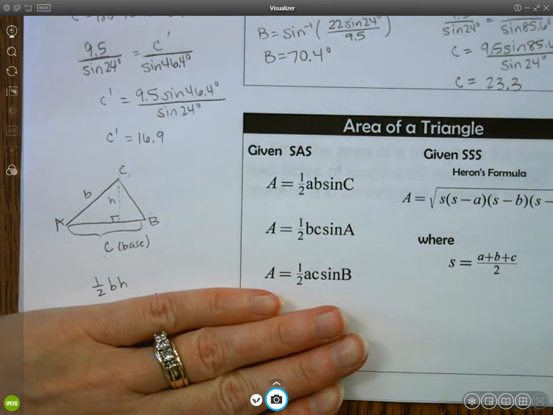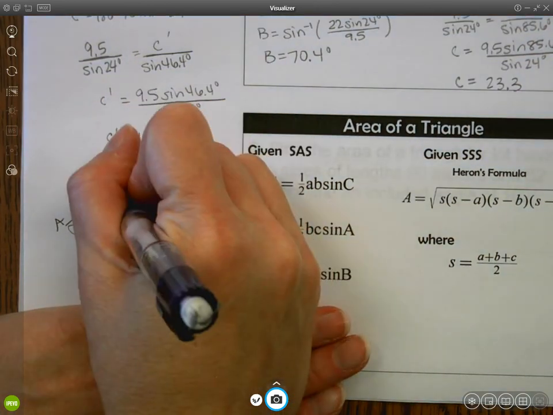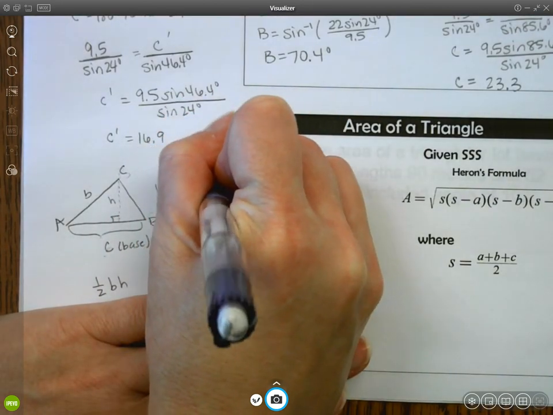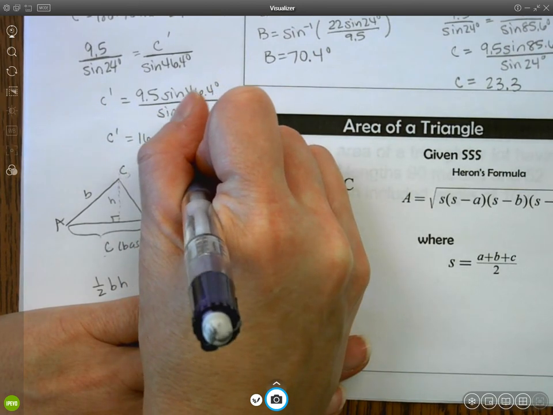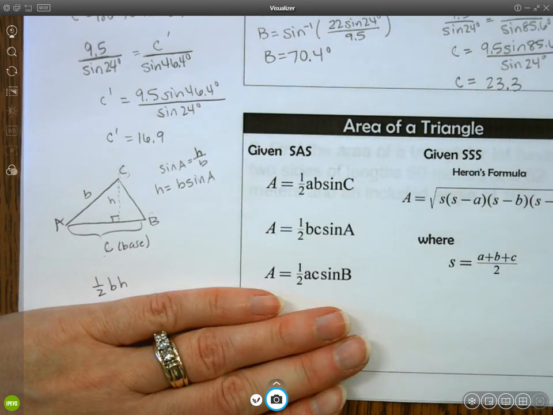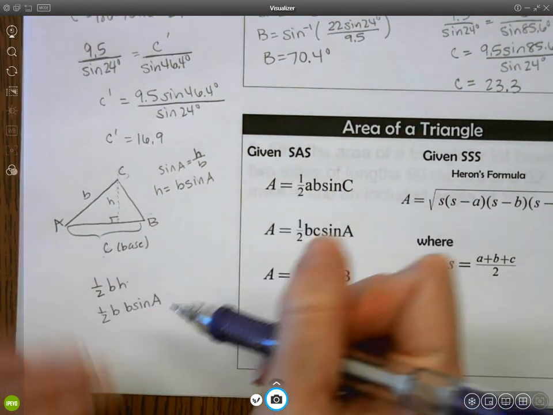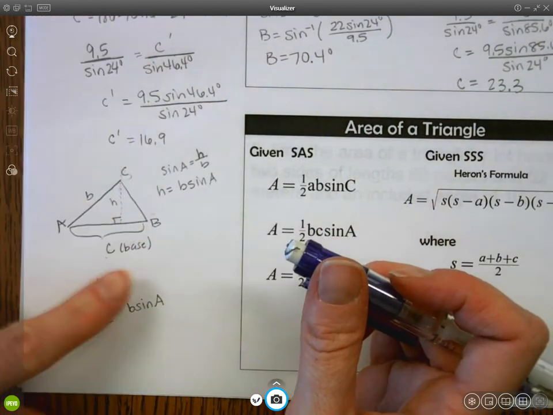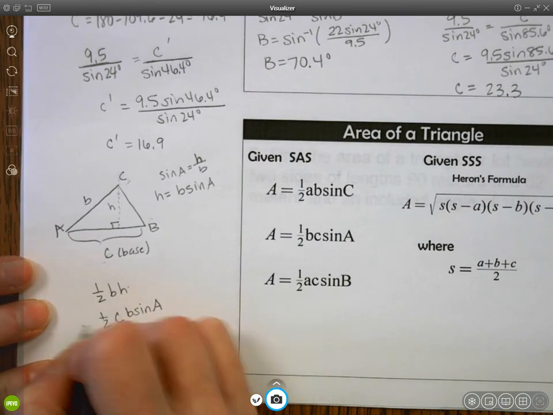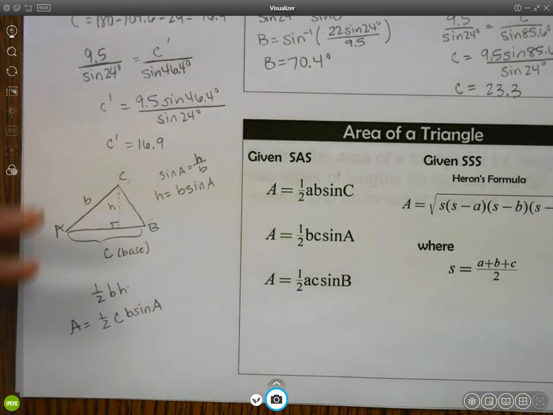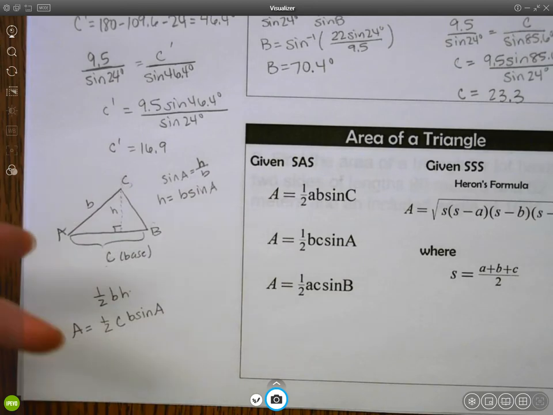So area of a triangle is 1/2 base times height. We know that H is equal to B times the sine of A, because we know that sine of A is H over B. Okay, so we replace the H with B sine A, and we replace the base from the area formula with our C. Then we have a formula for the area if I don't know the height of the triangle. So instead of having to stop and figure that out every time, we just have formulas to use.